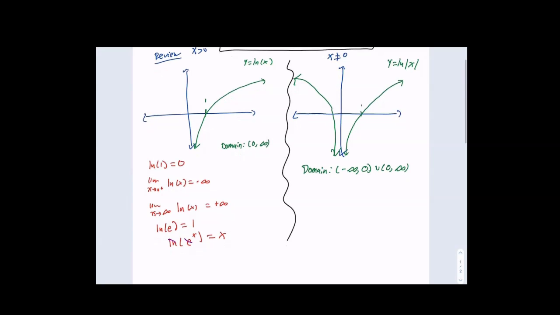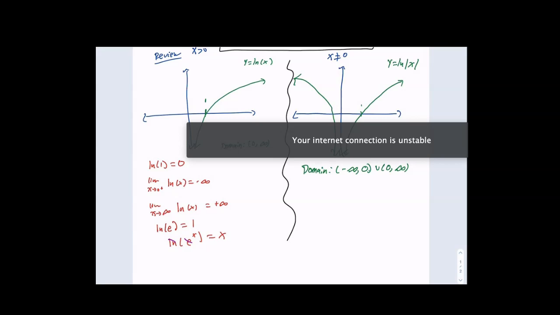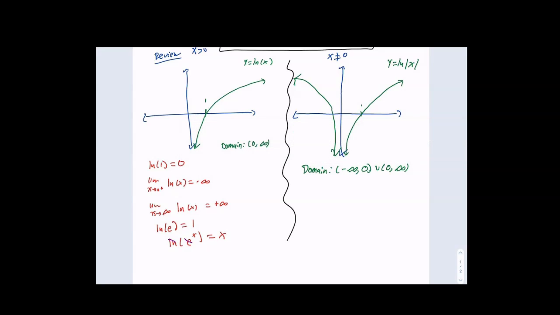When I show you the derivative of this, the domain of the derivative function should be the same as the domain of the actual function. Remember, the derivative function is the slopes. The slope function describes the slopes at the corresponding x values. Well, when we look at the derivative of the function, it's a little bit different.